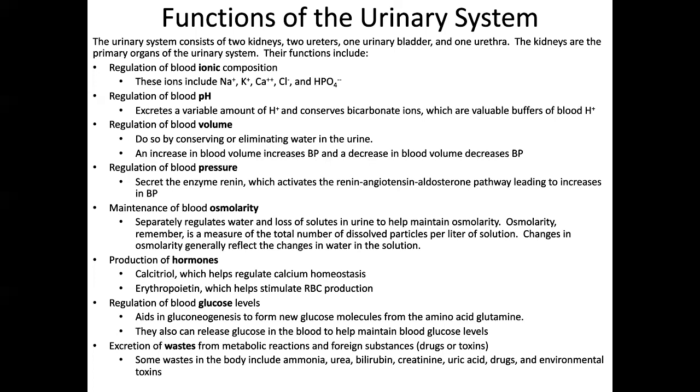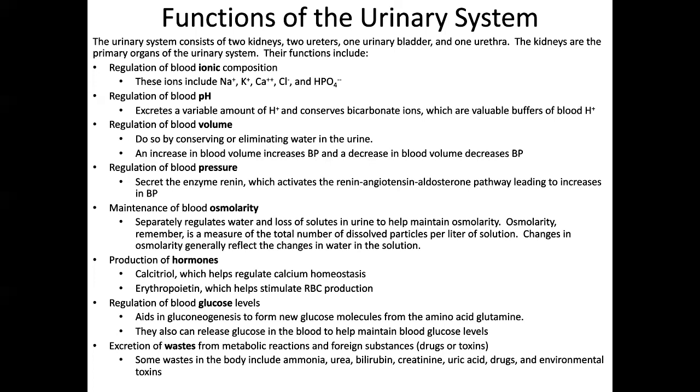Regulation of blood glucose levels through the process of gluconeogenesis, which is something we talked a lot about the other day in our cell metabolism lecture. Gluconeogenesis, remember, is the formation of glucose molecules from non-carbohydrate sources. In this case, it would be the amino acid glutamine. We can also use our kidneys to release glucose in our blood to help maintain blood glucose levels.